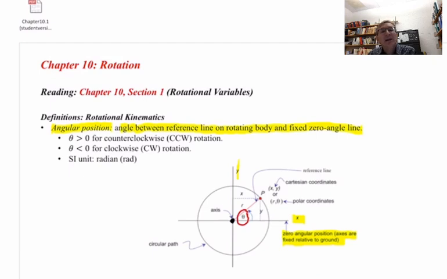That's what we're going to use for angular position, the letter theta. The angle in this picture is measured counterclockwise from plus x, and by convention, if the angle is measured counterclockwise from plus x, it's a positive angular position.